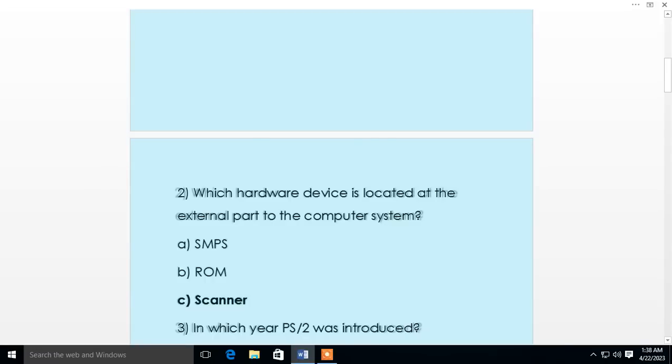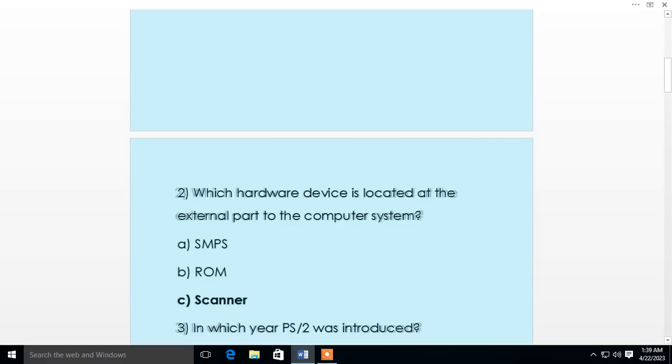SMPS, switch mode power supply, is the full form. It is in the CPU system itself, especially on the top part, where the power comes in and is connected to the main power. At times power is also connected to the monitor, that is the VDU.